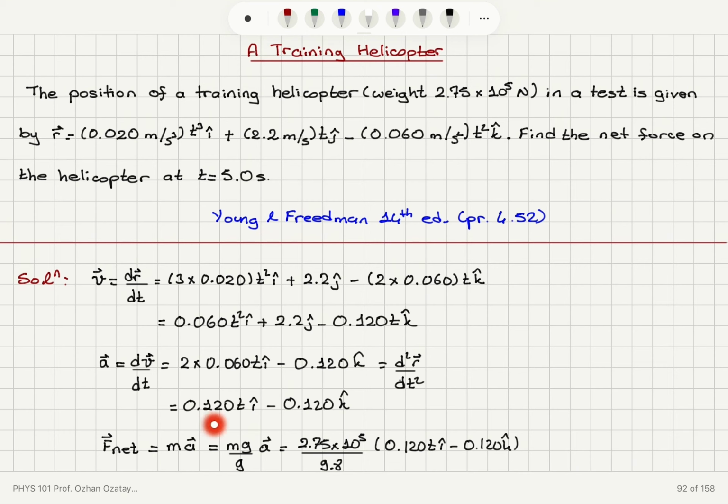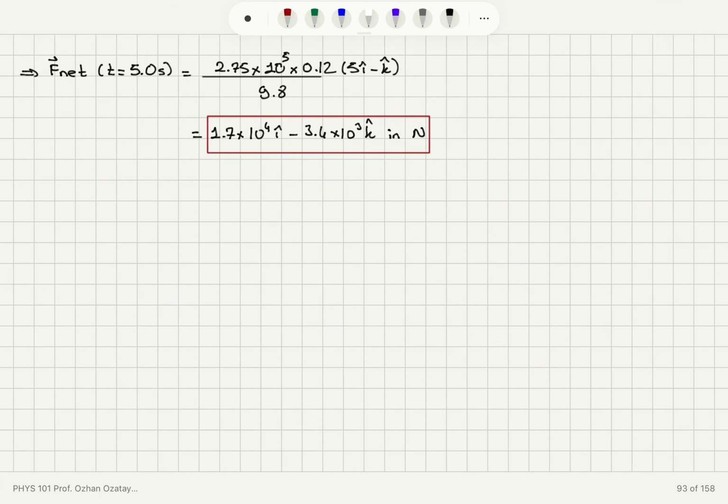We obtain acceleration as a function of time. Then for the net force we need ma, but we don't know the mass of the helicopter, we know the weight. So the weight divided by gravitational acceleration gives us the mass, multiplied by our acceleration vector, which is to be evaluated at t equals 5 seconds.